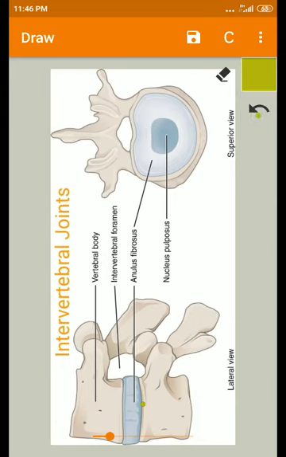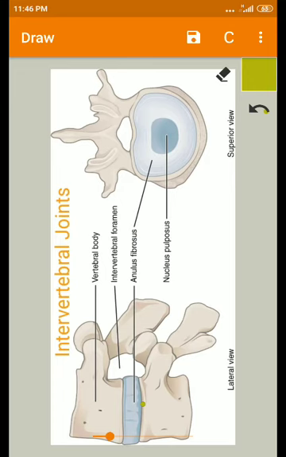Now we will see the structure of the intervertebral disc. This is very important. The intervertebral discs are fibrocartilaginous discs present between the bodies of adjacent vertebrae, and they also bind them together. Their shape corresponds to that of the vertebral bodies between which they are placed.